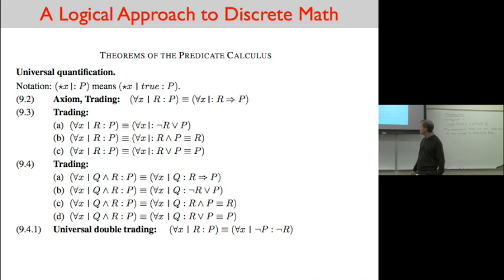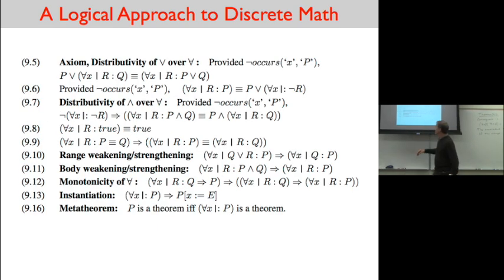Because I don't know how the textual substitution works, but could I have true on both? Well, with any of these theorems, you can. They work in general. For example, I use 9.5. Yeah, you can use 9.5 with R being true.